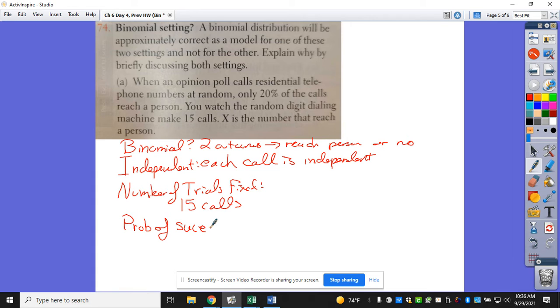In general, we're saying the probability of success for each individual trial does not change. Each call has what kind of probability? 0.25, reaching a person.